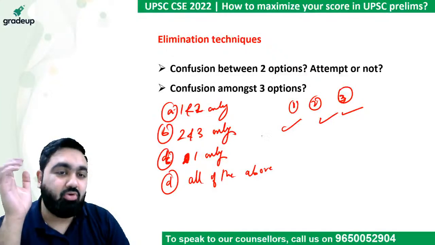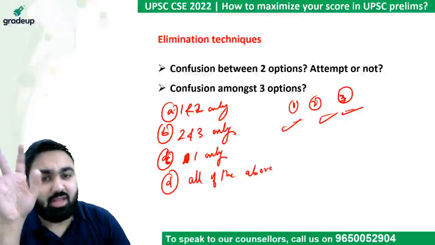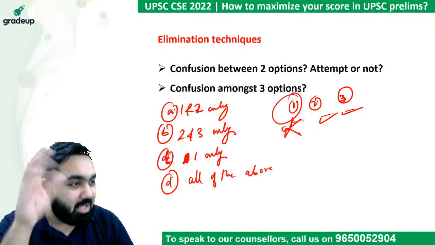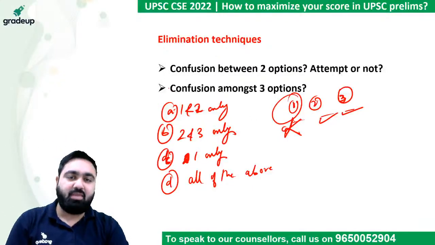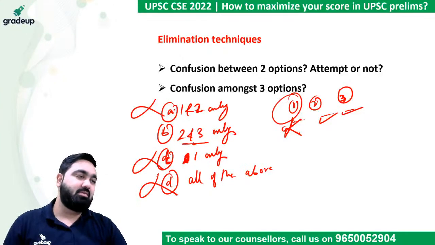Now, even if you don't know, आपको सारे स्टेटमेंट नहीं पता है, अगर आपको इतना पता है कि 1 तो गलत है, first statement is wrong, इतना पता है तो भी आपका आंसर आ जाएगा. 1 is wrong means A cannot be the answer, C cannot be the answer, D cannot be the answer. बचा B तो बस आंसर.